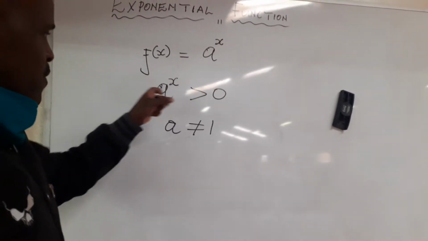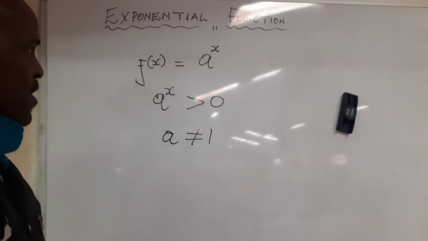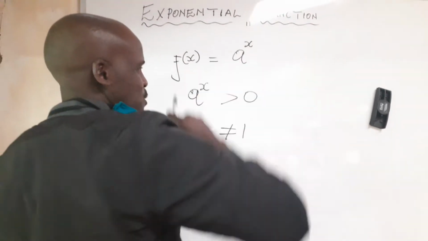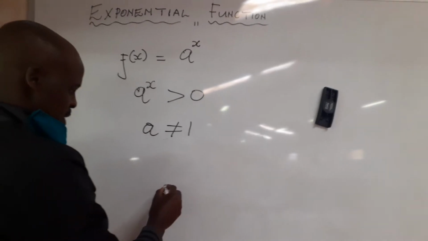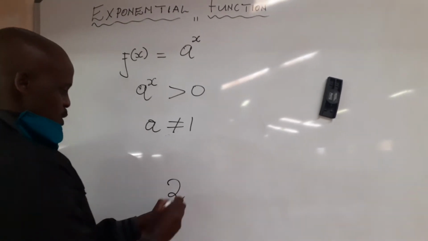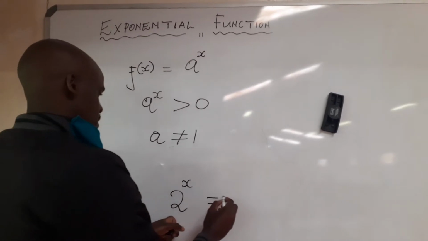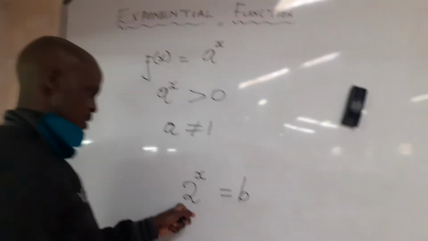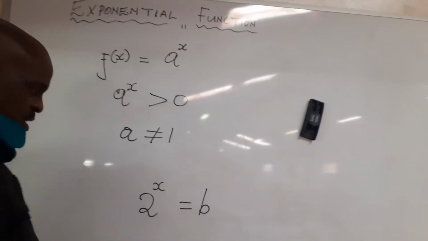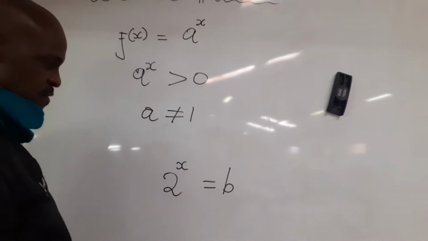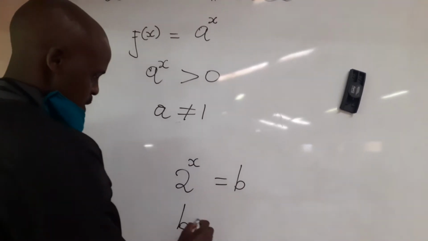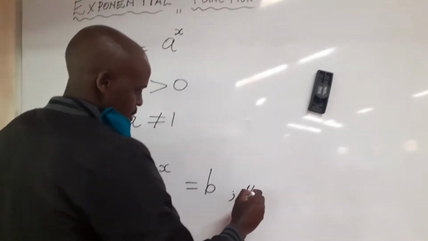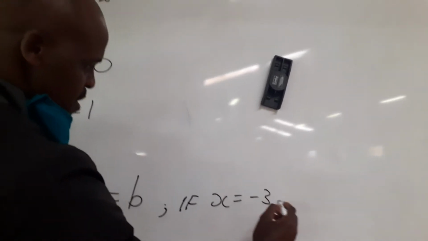Again, when we look there, we've got x as an exponent there. We can put any value of x. Let's say our a is 2. A equal to b, for instance, and then we are to solve for b. If x is equal to negative 3, solve for b.